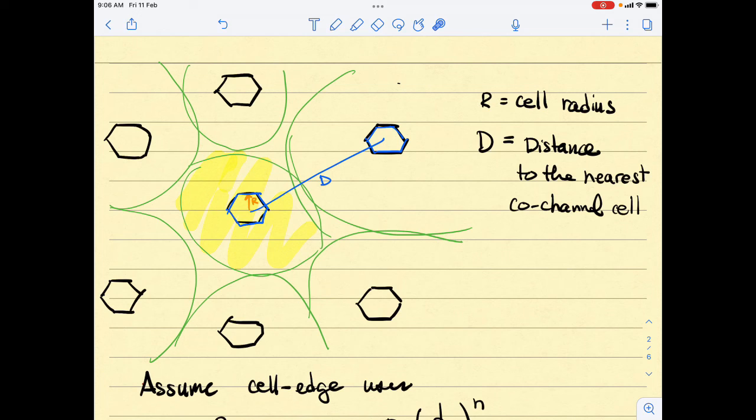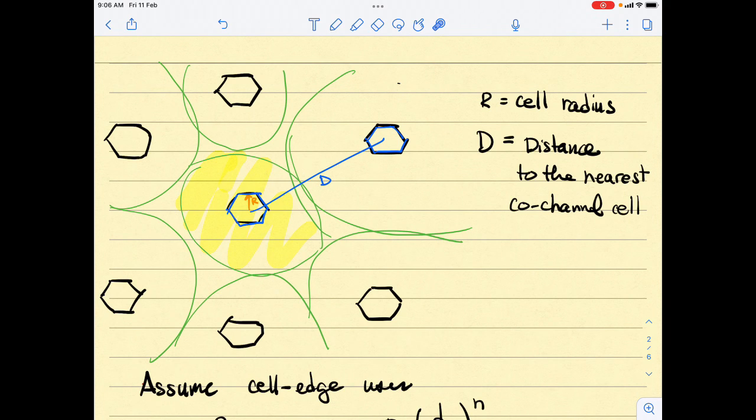We assume that the distance between these co-channel cells is equal to d. Co-channel cells are cells that use the same frequencies. It's not only this cell, but there are other five co-channel cells that are close to the cell in the middle.